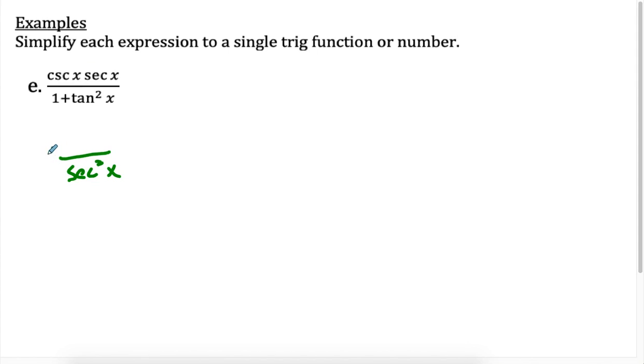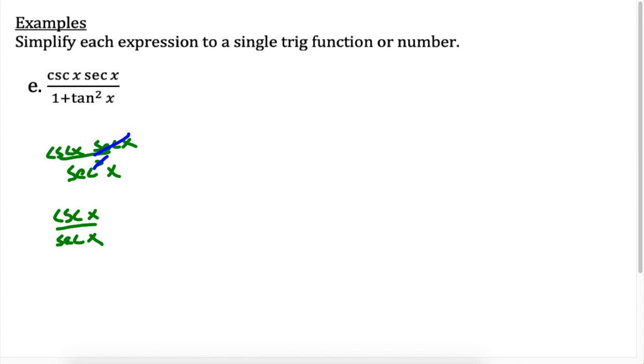Now, the numerator will stay the same for now, cosecant times secant. Well, now, since all these are being multiplied, I've got one factor of secant in the numerator and two of them in the denominator. I can cancel one of those out. So now I'm just left with cosecant of x over secant of x.